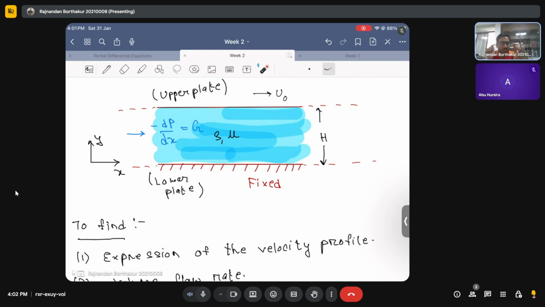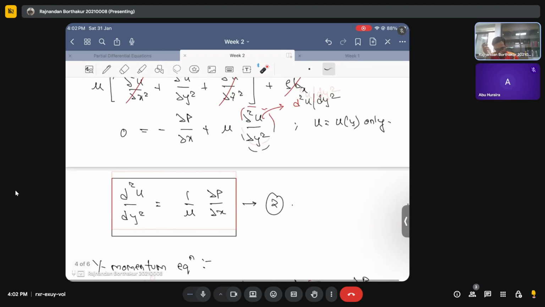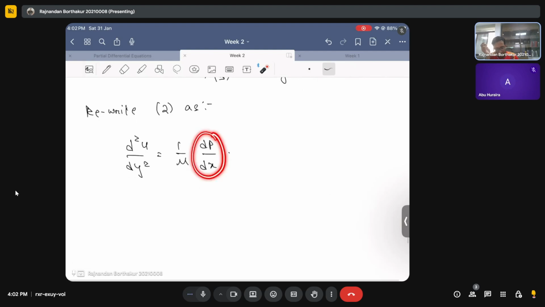I repeat, and this is important: my pressure can't be a function of y, it can at most be a function of x, but I already know from the problem that, in order to actuate the fluid, in addition to this plate, I am applying a pressure gradient which is constant throughout this x direction. This is given to us, which is g, which means that the only possible way it can manifest in this problem is that dp dx has to be equal to g. Okay, which means that this dp dx is just a constant and is equal to g.